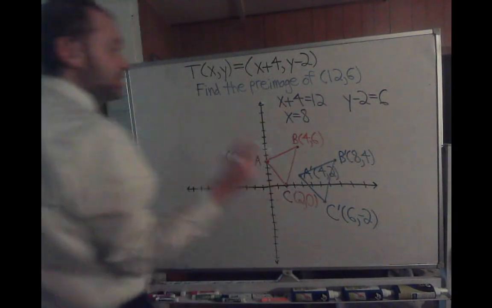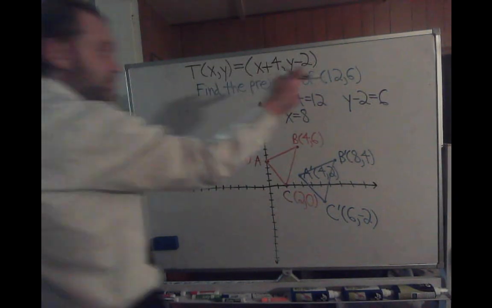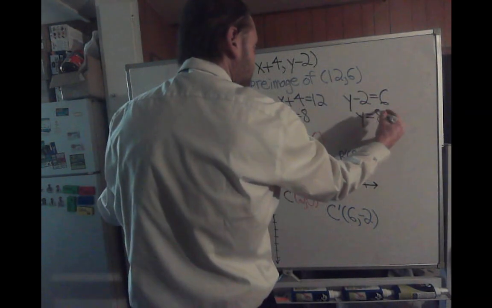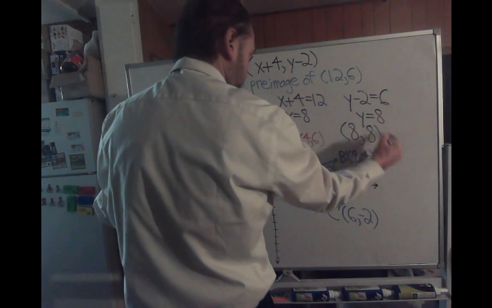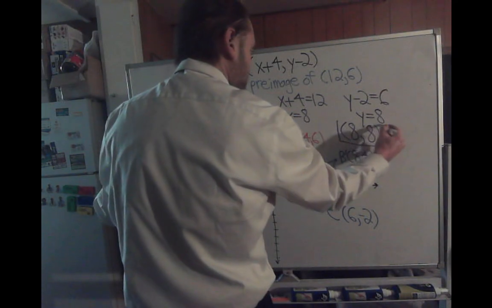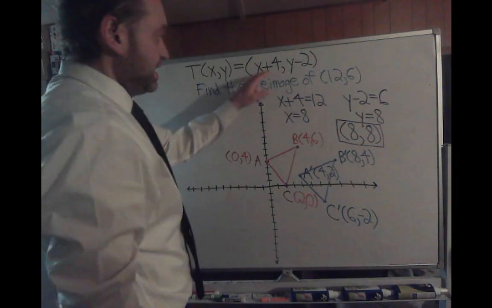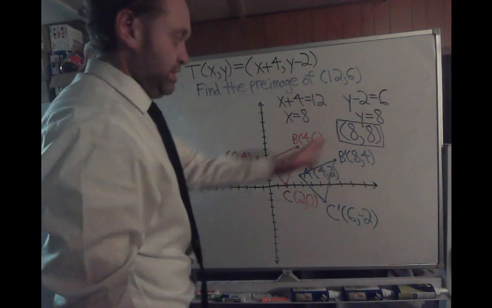So remember, to find the preimage, you set each function equal to the value that's given for the image, which would give you y equals 8. So the preimage of 12, 6 would be 8, 8, when you set each of these x and y values equal to your image points.